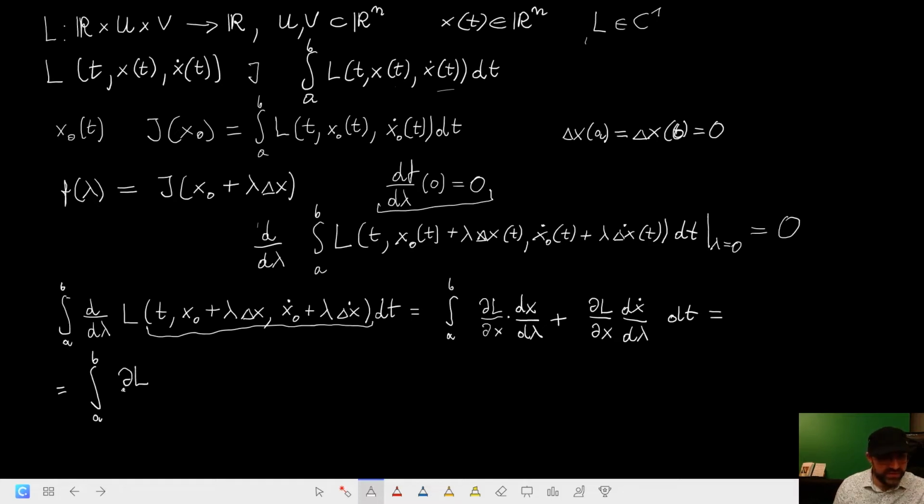We leave derivative from L over x because we can't do anything with that. Derivative of x over lambda is delta x.